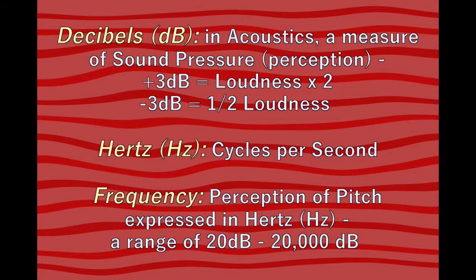With audio, the level of the audio is expressed in decibels, dB. And so acoustically speaking, that means sound pressure. That's what your ear perceives. That's how your ear works, is by sound pressure. The air is being disturbed by some source of noise or sound. It could be a voice, it could be lightning. It ripples the air, and you perceive that because your eardrum is like a little drum.